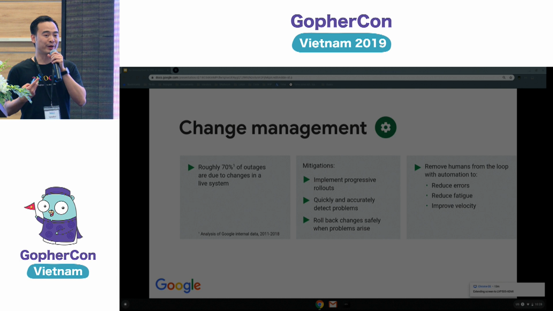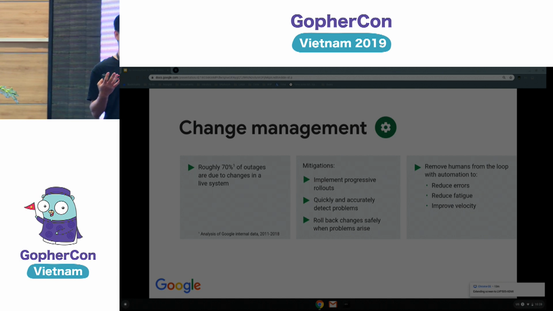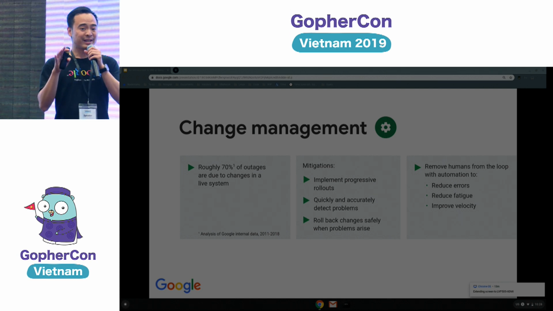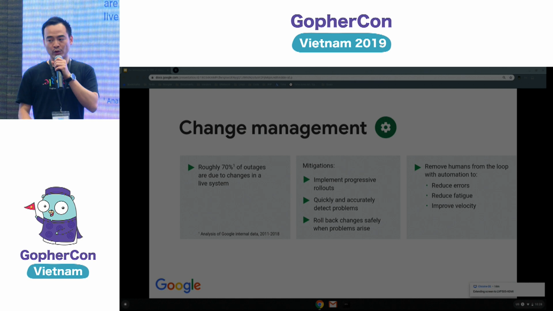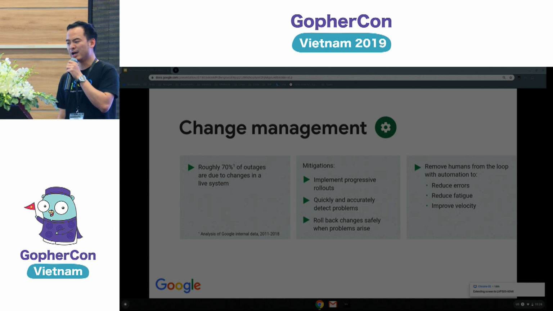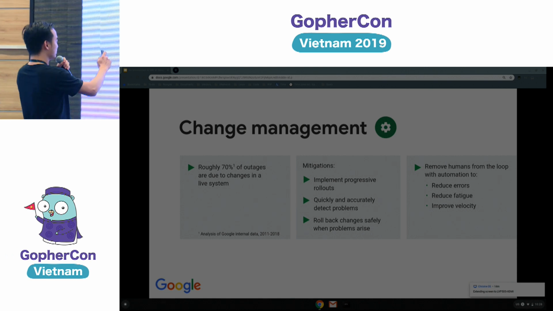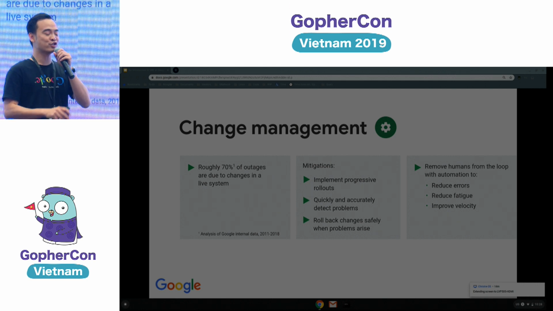In the next practice, I want to talk about change management. SRE is involved heavily in the change process. At Google, we conducted an internal investigation and found that about 70% of outages are due to some recent change.